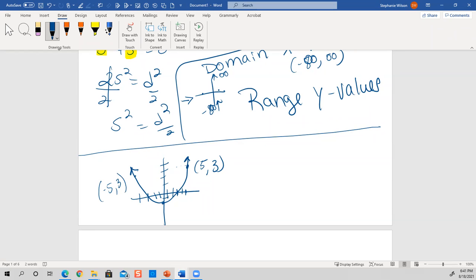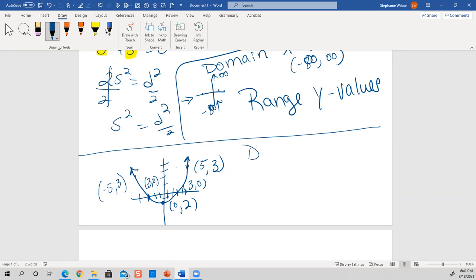Okay, and this point here is 0, 2. This point here is 3, 0, negative 3, 0. All right, so we know all kinds of points. We can find more points than that on this particular function because the arrows keep going.